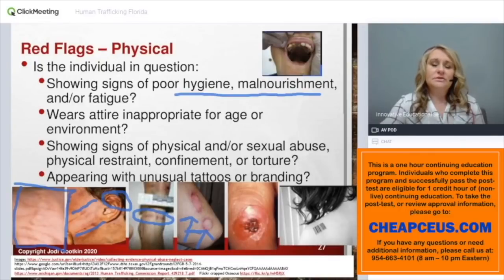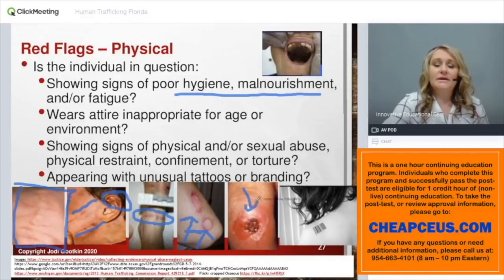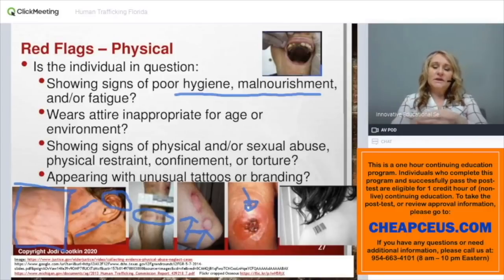Cigarettes are sometimes utilized to cause harm to an individual to try and control them. When we look at cigarette burns, those are going to be small, about 1 centimeter in diameter with very defined edges. And you're going to commonly see these on the hands, the neck, exposed areas of the body, and you might see multiple that are in different phases of healing.